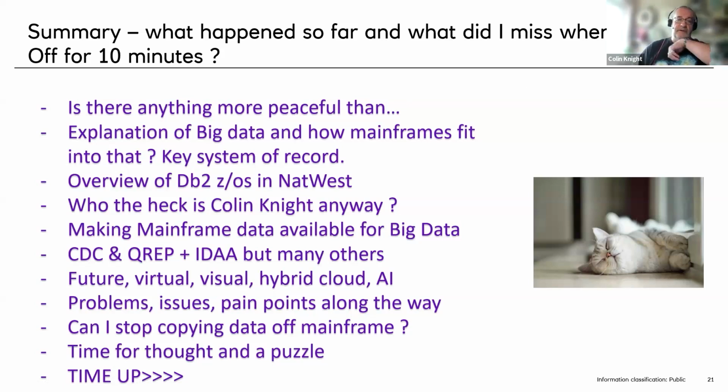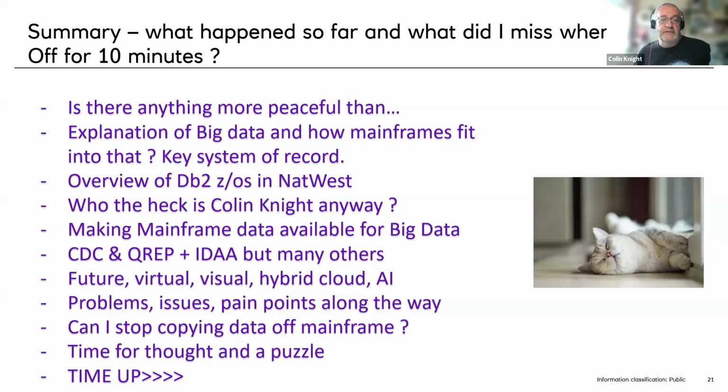So what have we done so far? And hope you haven't nodded off in the last 10 minutes. We explained big data, what it is, how big data is, and how mainframes fit in to the process. And obviously, mainframes are key system of record, so they should be in big data. It's an element that's critical.